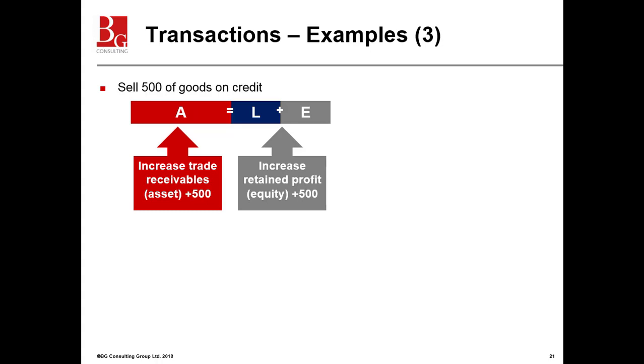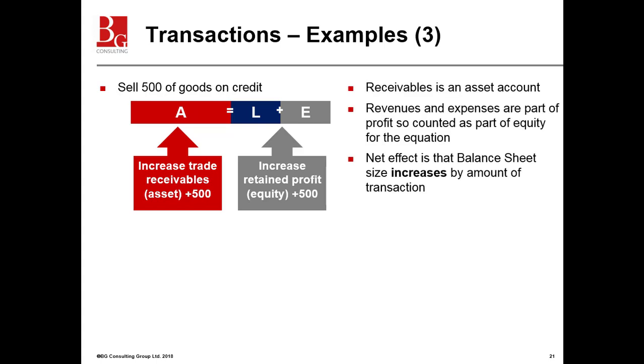And so equity within the balance sheet also increases by 500. So to summarize, receivables is an asset account, revenues and expenses are part of profit and so counted as part of equity for the equation. And the net effect is that the balance sheet size increases by the amount of the transaction. Both total assets and total liabilities increase by the same amount.